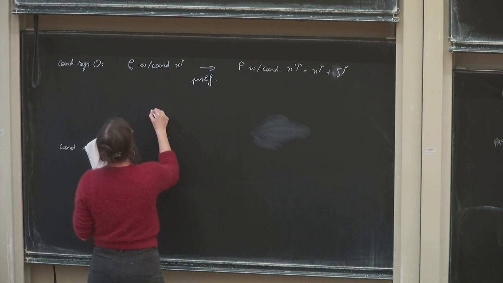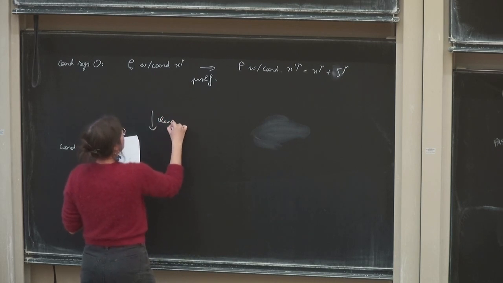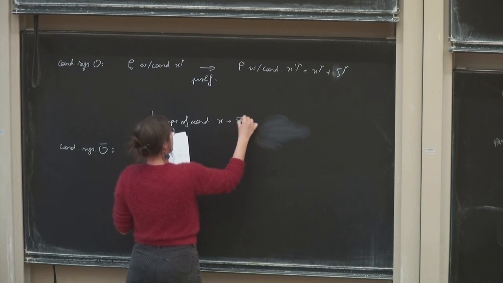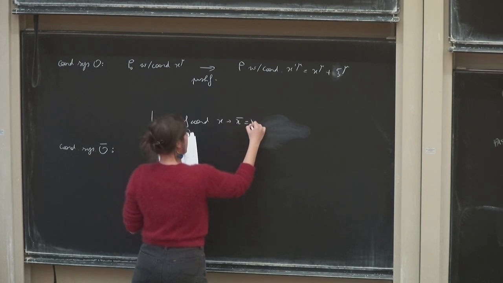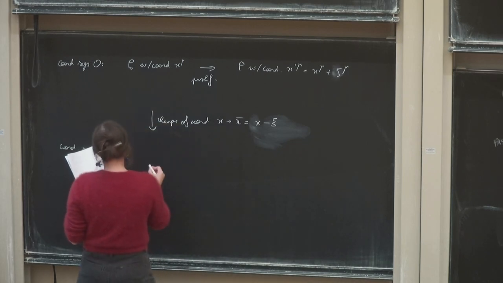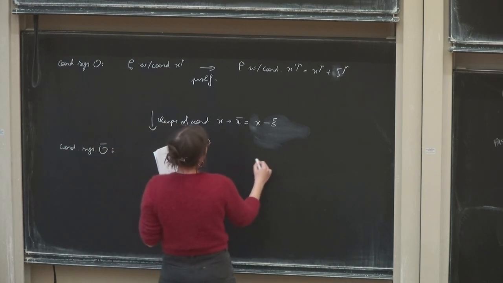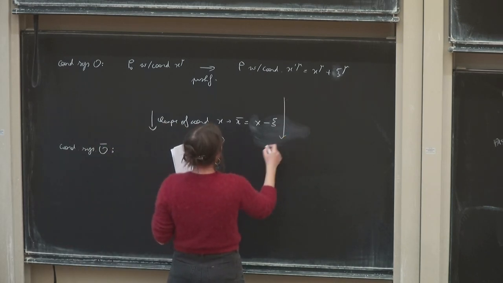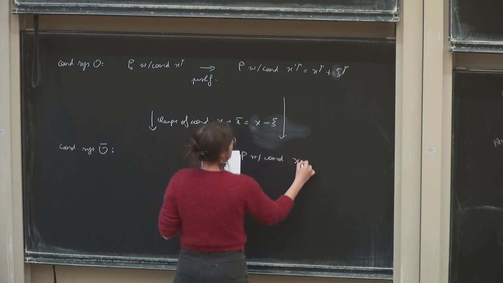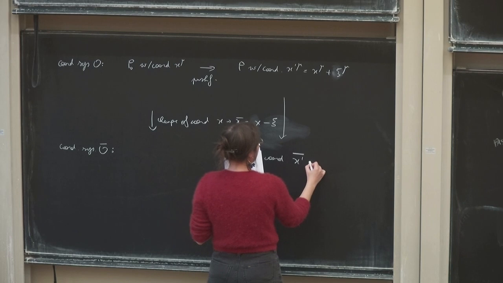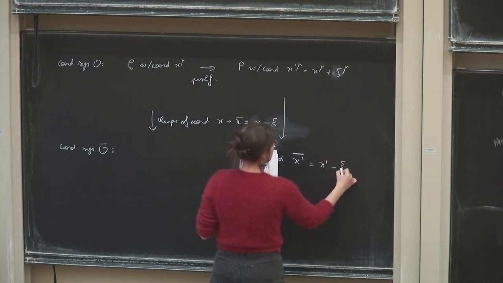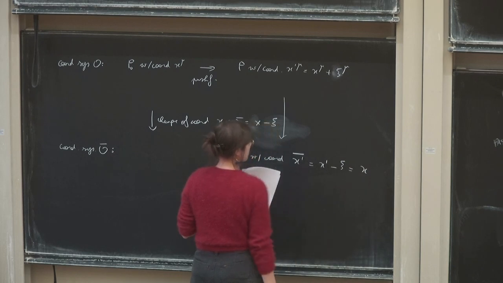You have to do change of coordinates X to x bar is x minus psi, so that if you go this way, P is measured with coordinates x prime bar is equal to x prime minus psi is equal to x.